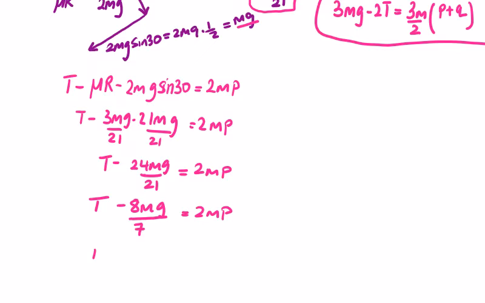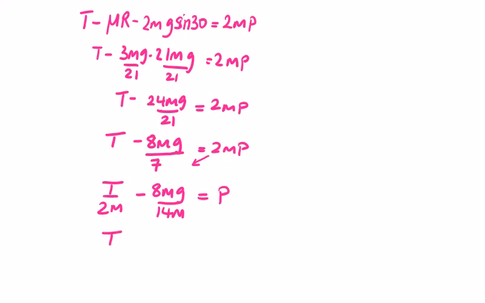So dividing by 2m, we're going to get T over 2m minus 8mg over 14m. I'll write it out the long way. That's going to be my acceleration P. So T over 2m minus, dividing 2 into both, 4g over 7 for my acceleration P.